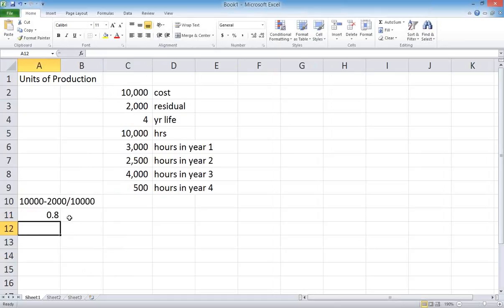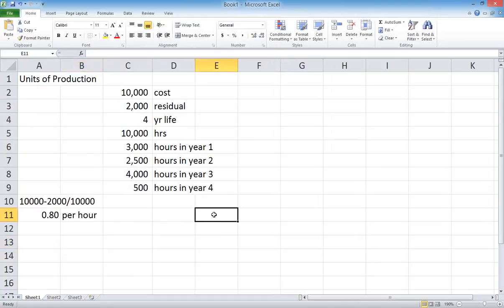So that would equal 80 cents per hour. Okay, so that's my unit cost per hour. Once I have my unit cost per hour, I just take it times my amount per year.